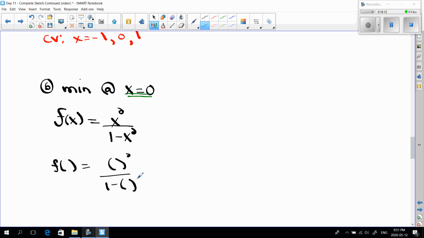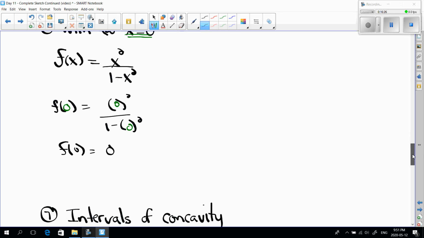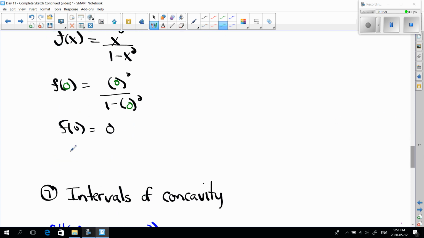We've done this calculation already. We end up with f at 0 equal to 0. 0 squared is 0. 1 minus 0 is 1. 0 divided by 1 is 0. So that minimum is the same as our x and y intercept. So really, we still only have this one point to sketch. Seems kind of odd, but that's fine.